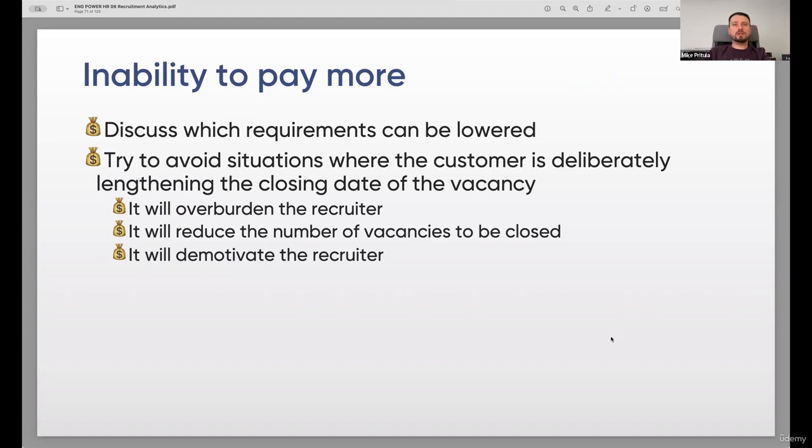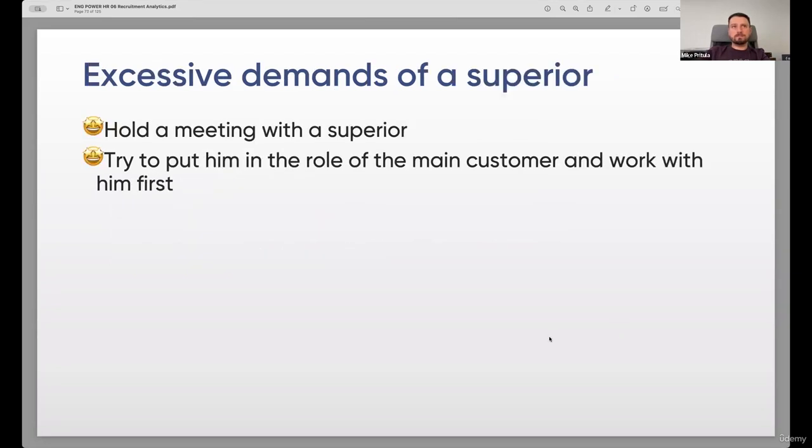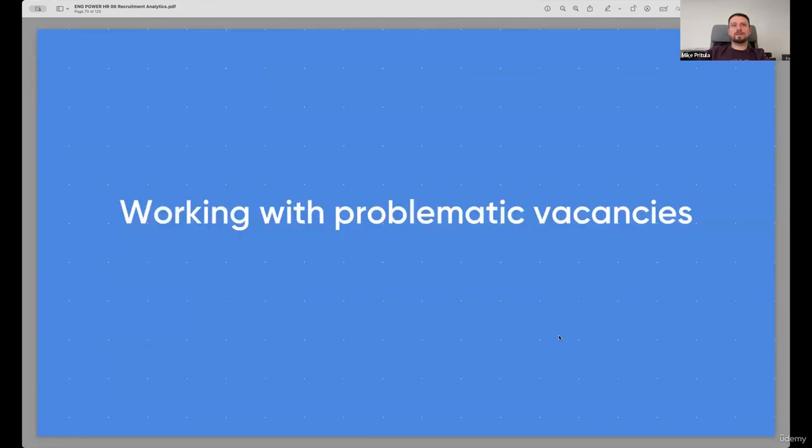Try to avoid situations where the customer is deliberately lengthening the closing date of the vacancy because it will overburden the recruiter, it will reduce the number of vacancies to be closed, and it will demotivate the recruiter. If it's about excessive demands of a superior manager, hold a meeting with this senior manager. Try to put him in the role of the main customer and work with him first, or her.